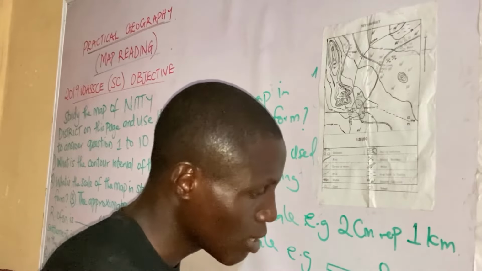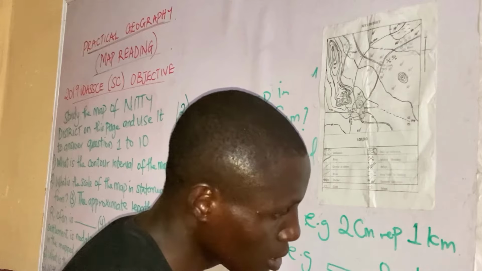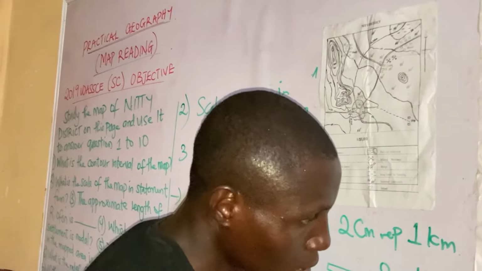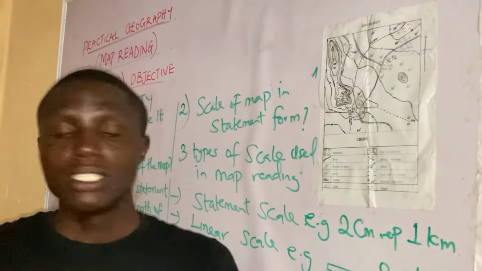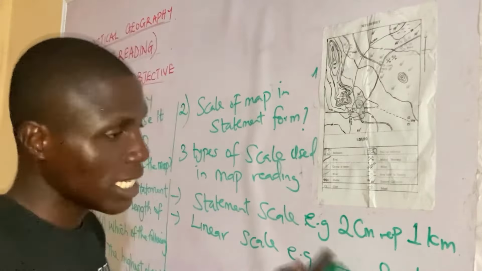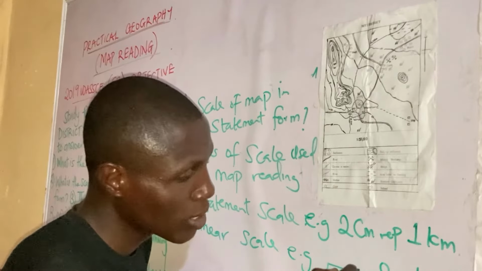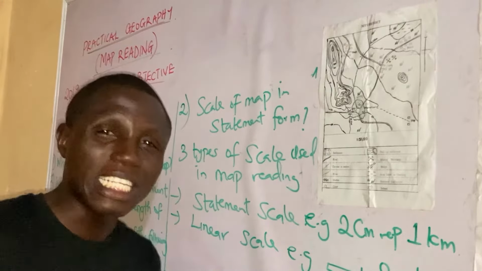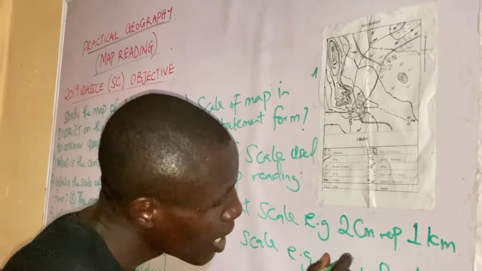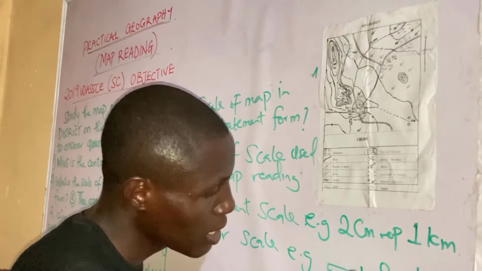So we have 0, 1, 2, 3, then 4. This is in kilometers. The primary division might be in kilometers, and the secondary division is used to measure the remaining smaller part of the distance. This one might be in meters. So it's usually meters.